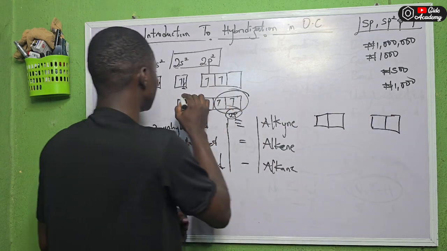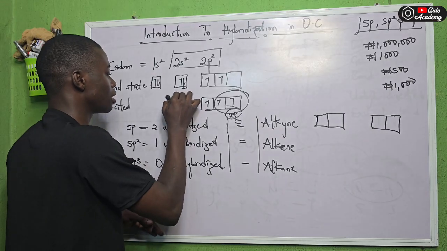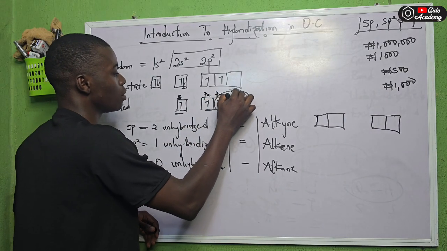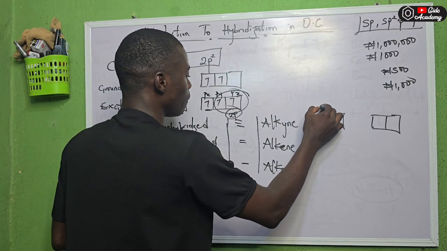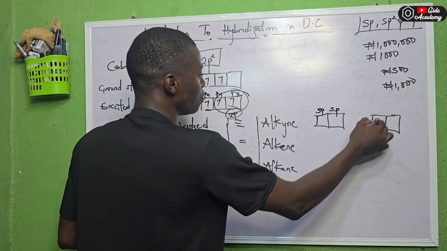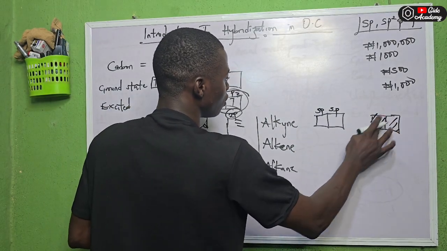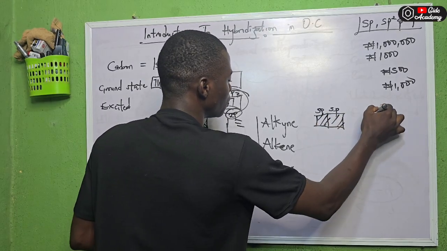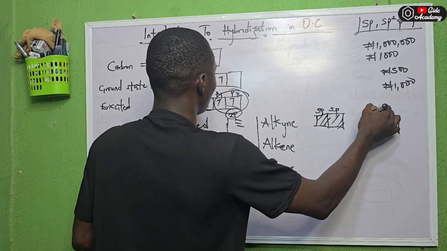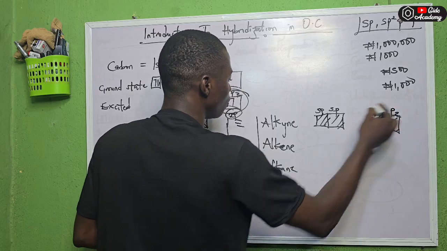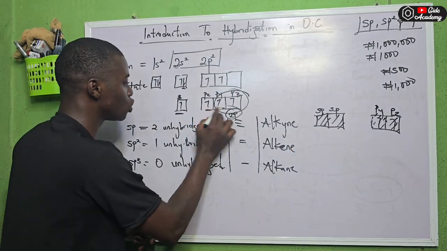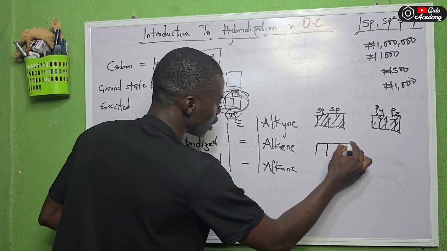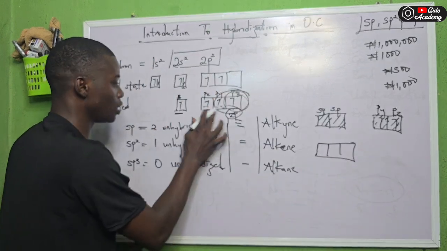So from there, let's say this is your s, this is your px, py, and pz. So here will be sp, here will be sp. Okay, let me just put the electrons here. Let me cancel this part. This is your py, and here's your pz. So for this one now, these 2 are the ones we are working with. So this one will be hybridized. So you are going to have 3 electrons bonded together, 1 plus this 3.